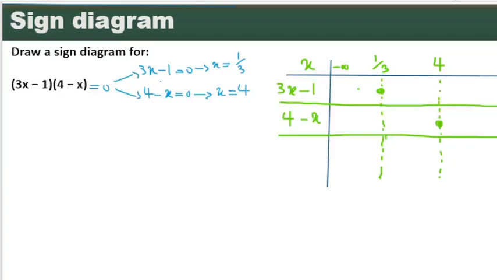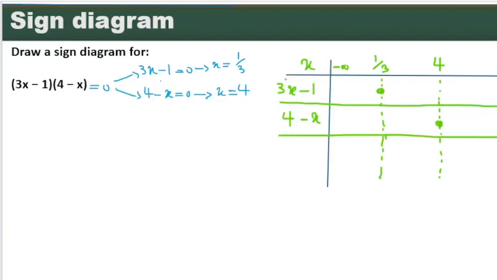Now let's find the sign of this expression. Less than 1/3, less than the critical point, the sign of this expression would be the opposite of the sign of the coefficient of x.